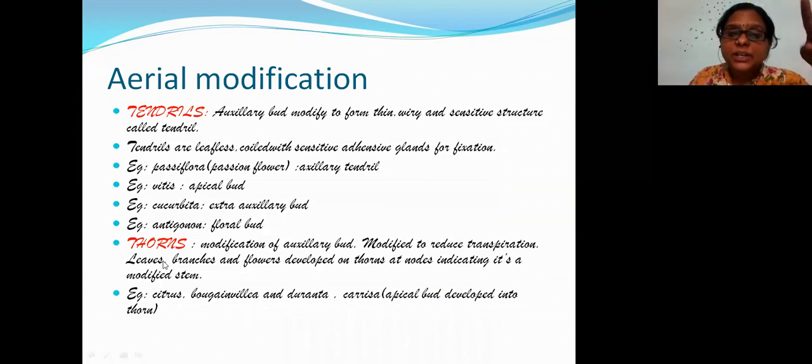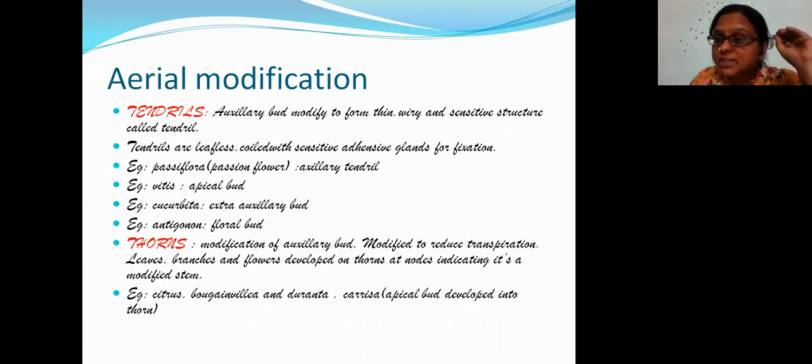Next one is modification. We are talking about modification. Some stems get modified. We should not say stem, but the axillary buds get modified as thorns. As I told you in the last class, plants, animals, and living beings are all modifying themselves to sustain themselves in the changing environment.